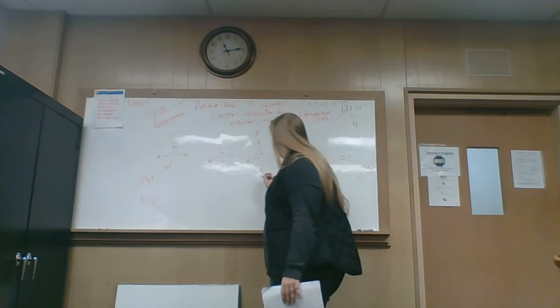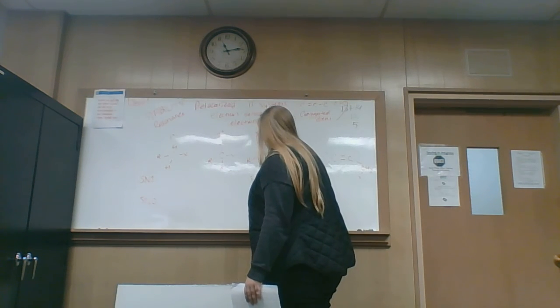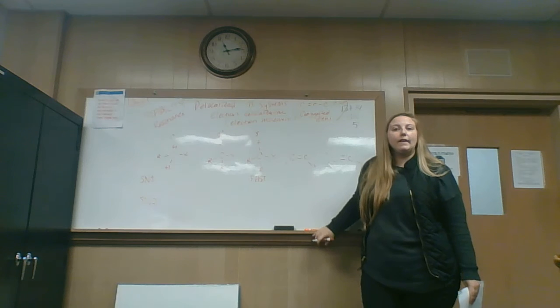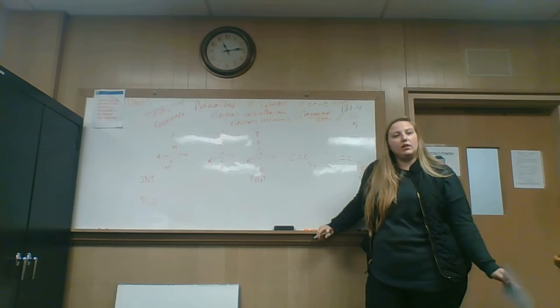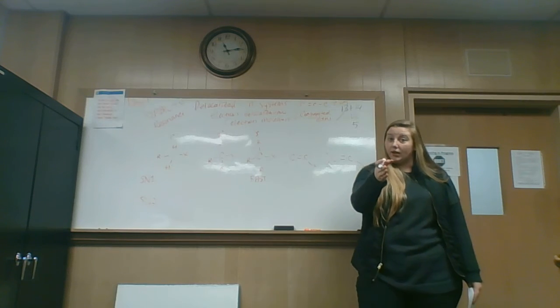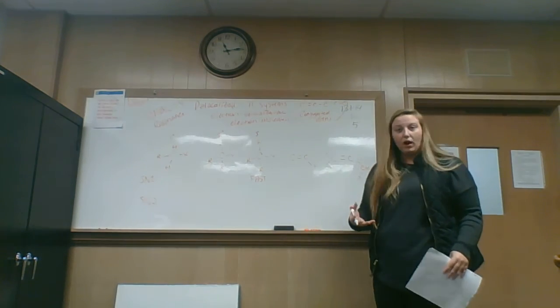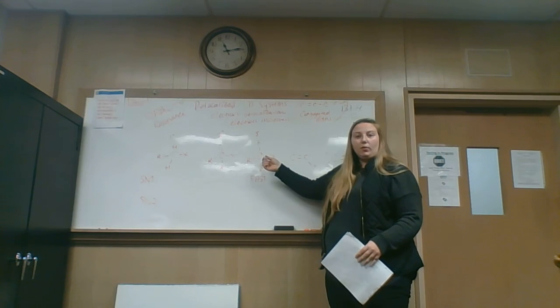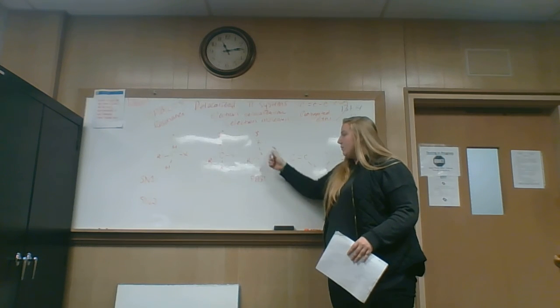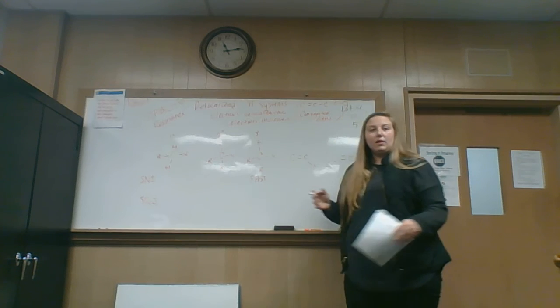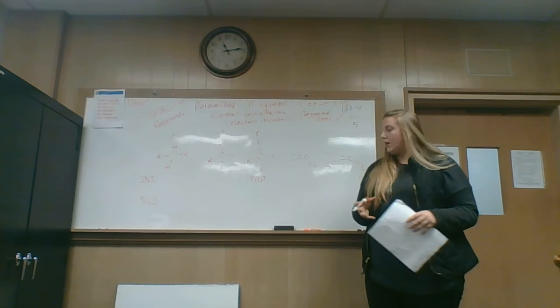Why? What is created in an SN1 reaction? A carbocation. That's the intermediate. And we know that the most stable carbocation is a tertiary carbocation. So to get the most stable intermediate, we need the most stable alkyl halide.